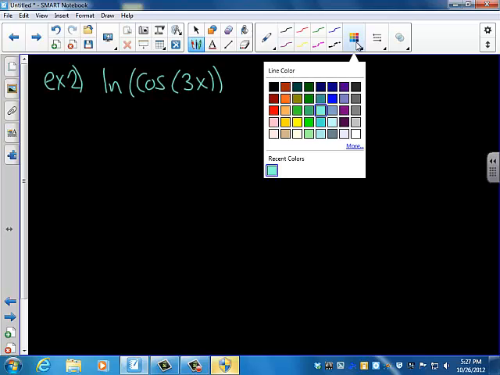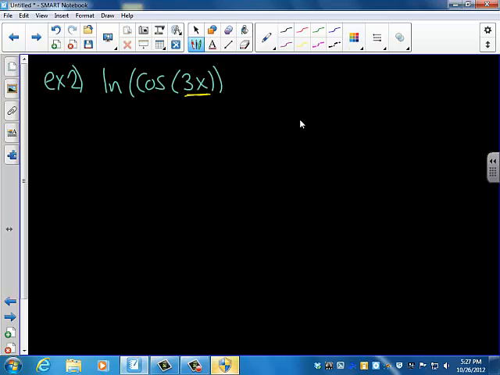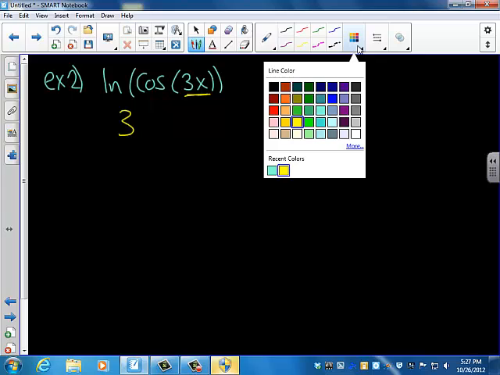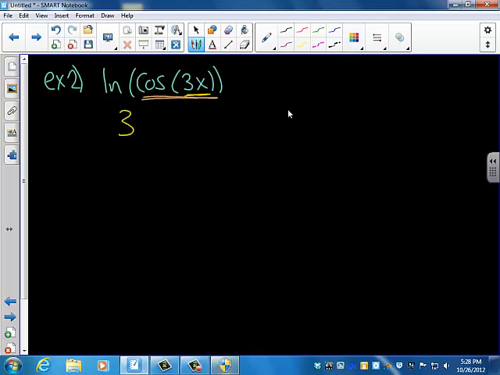Let's pick a nice light color here. 3x. What's the derivative of 3x? Well, that's just 3. Now let's look at the derivative of inside that. The derivative of cosine of 3x is negative sine of 3x.